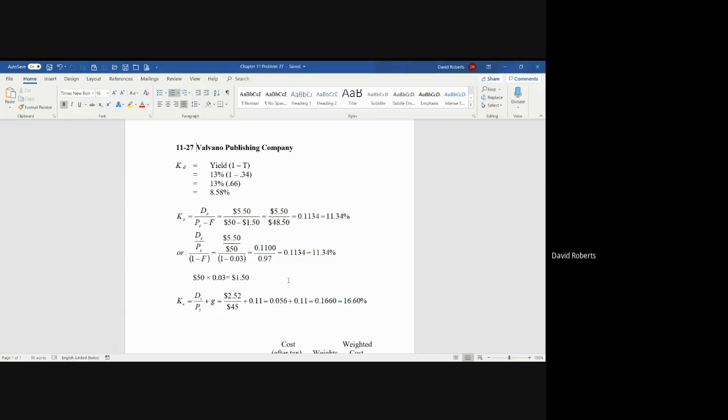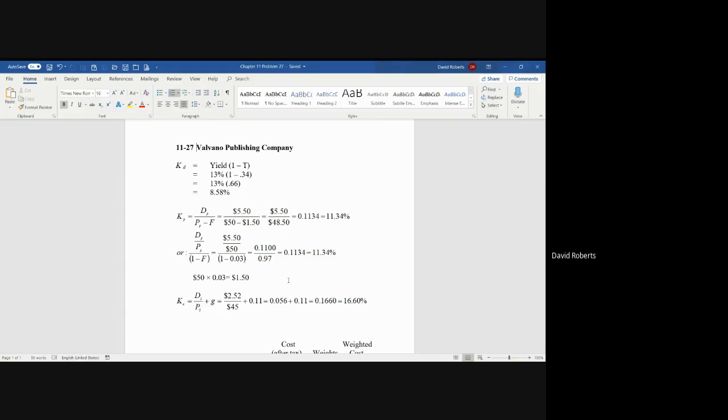So you can turn a 3% into $1.50 if you prefer, subtract it from the $50 and get $48.50 as your denominator, as you do in the top part of the KP section, or you can use it as a percentage. In this case, it's 97% divided into 11%, which winds up being 11.34. Either way will give you the same answer. Use whichever methodology you are most comfortable with.